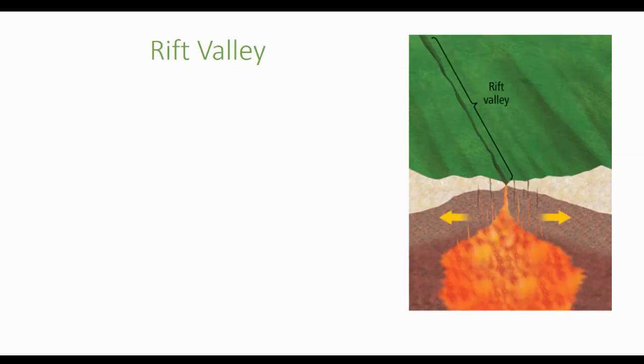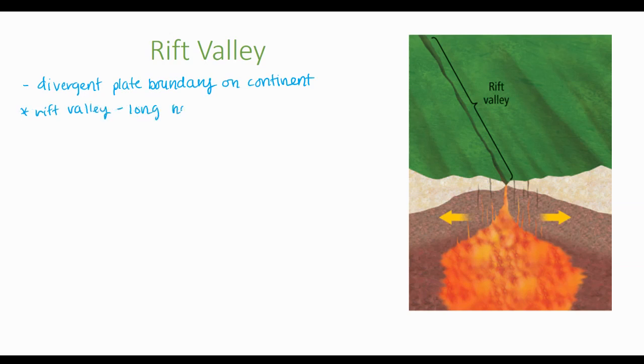A rift valley is what you get when you have a divergent plate boundary on a continent. The definition of a rift valley is a long, narrow depression created when continental crust begins to separate.